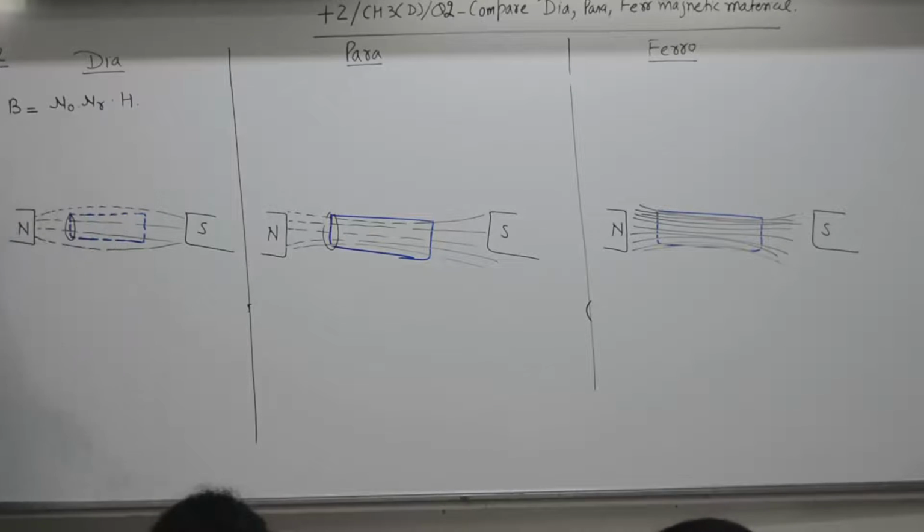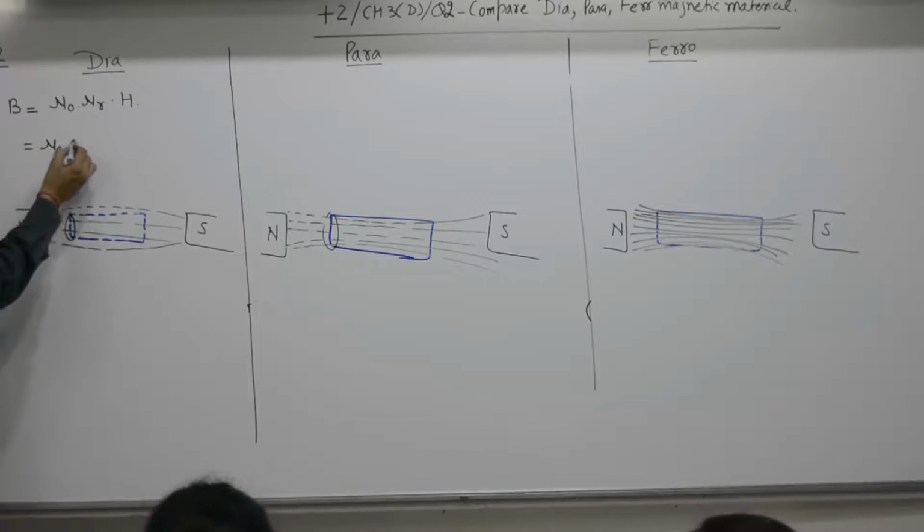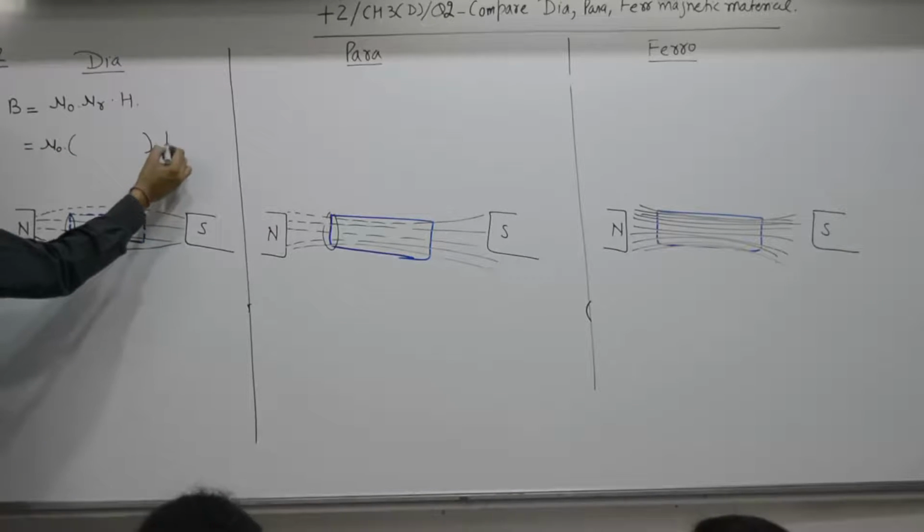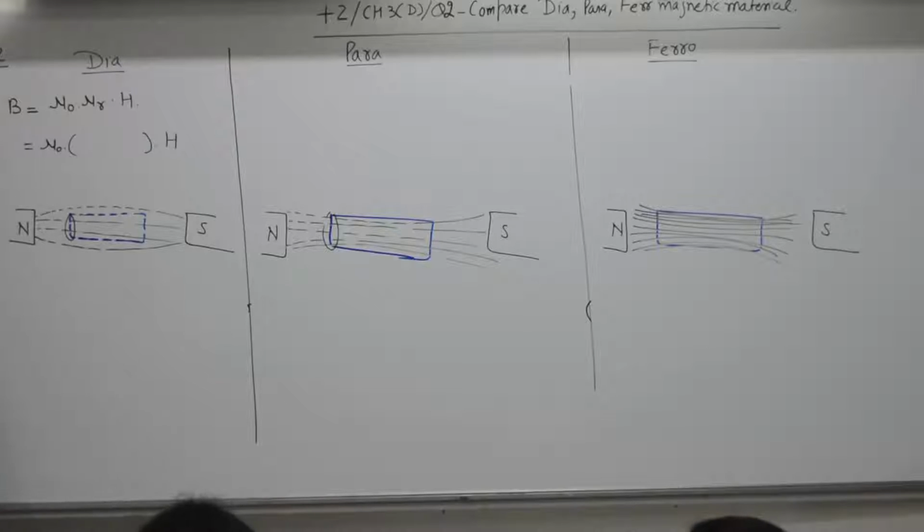This dia material, is it stronger than free space or weaker than free space? Weaker than free space. That is why mu_r, which is equal to 1 for free space, will decrease.